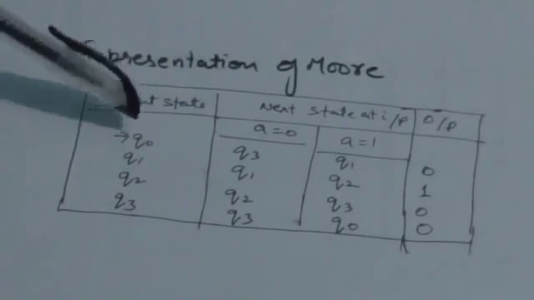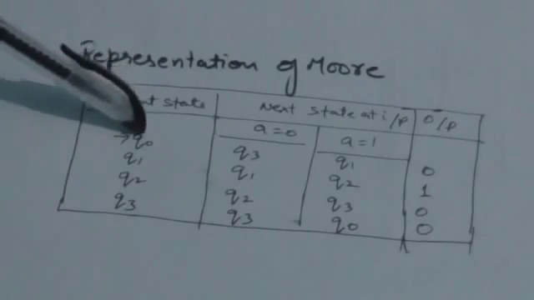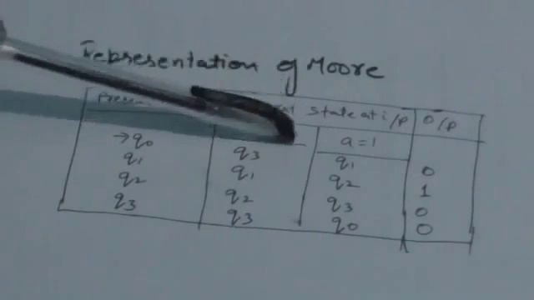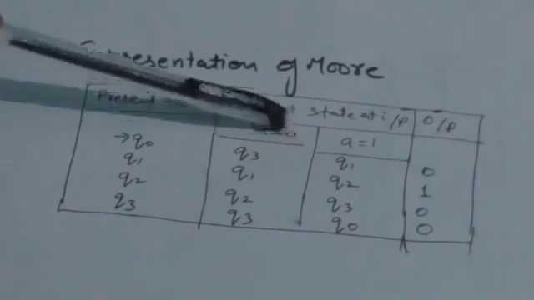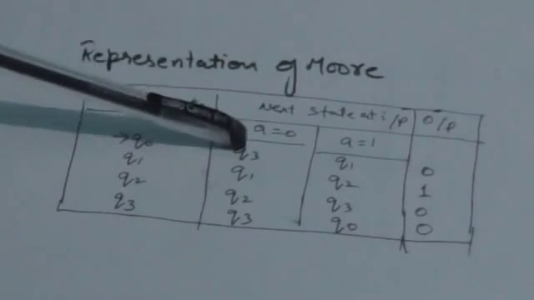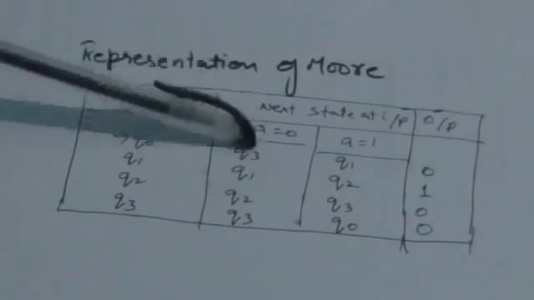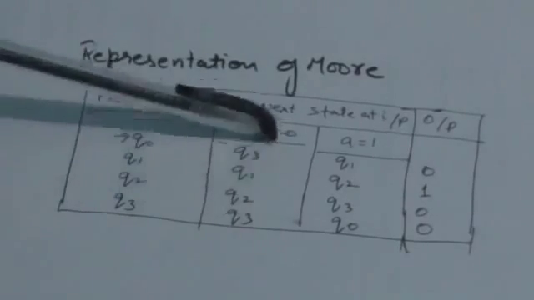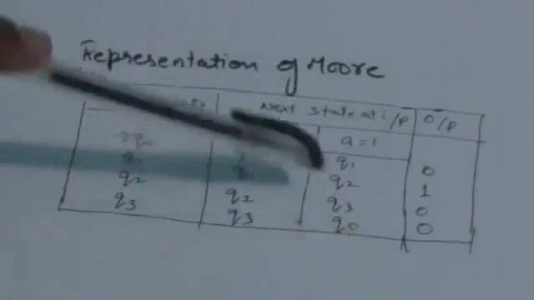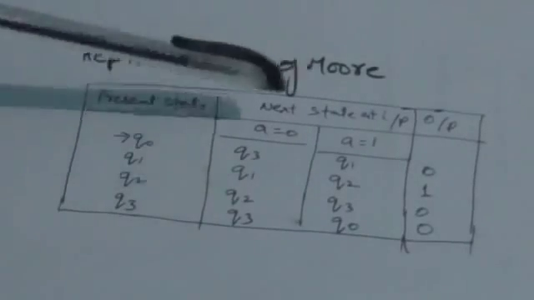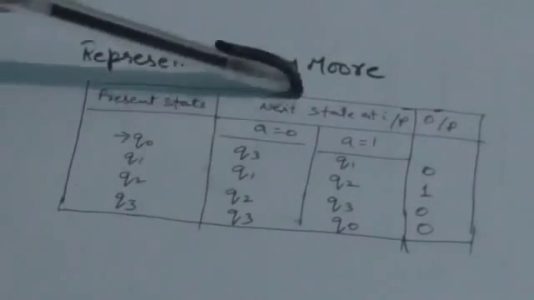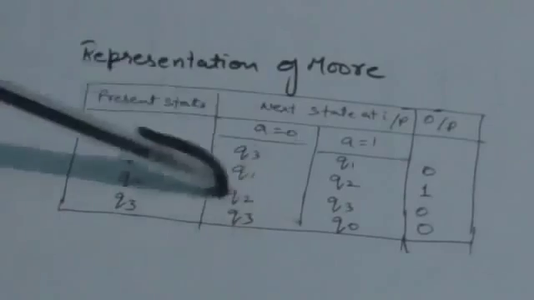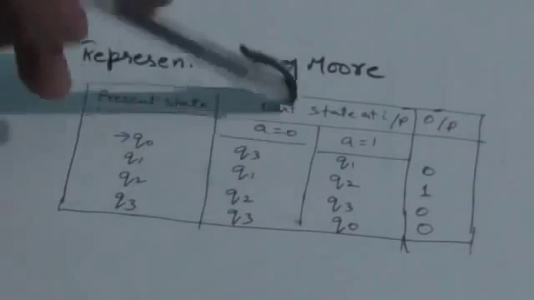So when the machine's present state is Q0 and it reads an input 0, then it will jump to state Q3. Here these entries represent the next state of the machine when it reads the input which has been labeled here.